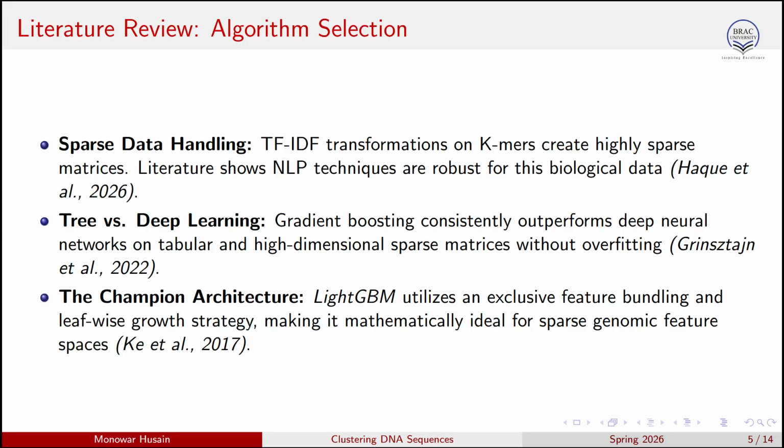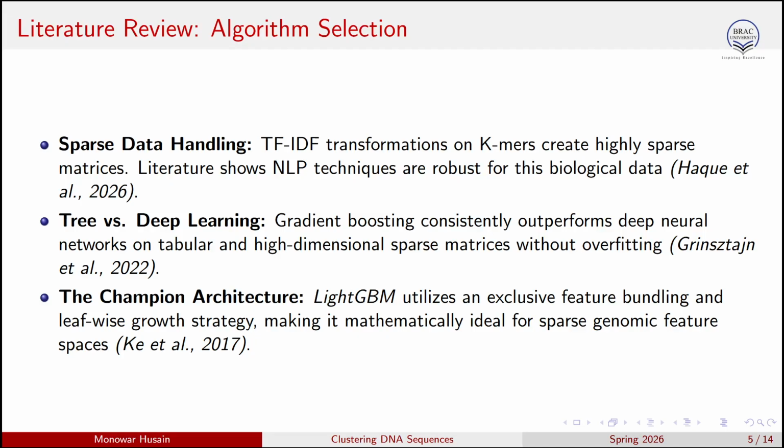When you transform DNA into text features using TF-IDF, it creates highly sparse matrices, basically thousands of columns of zeros. Hochreiter showed that NLP techniques are robust for this kind of biological data, but the real breakthrough from the reading was Grinsztajn et al.